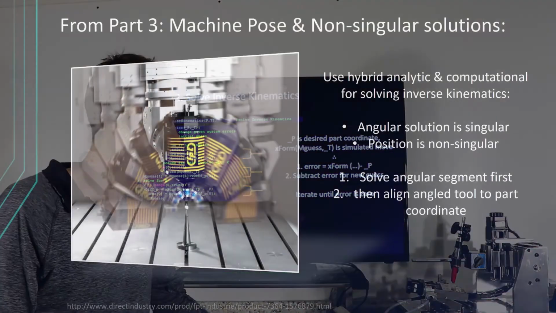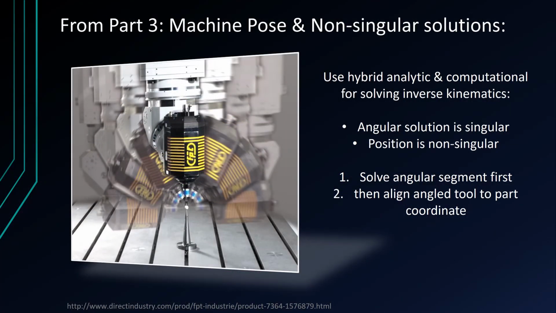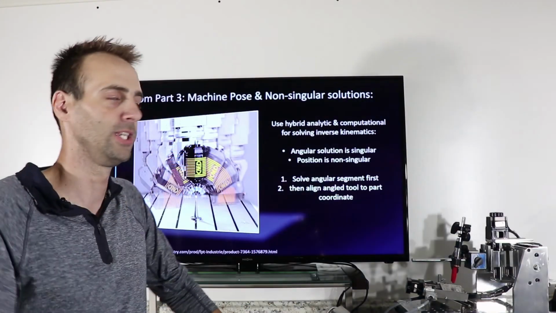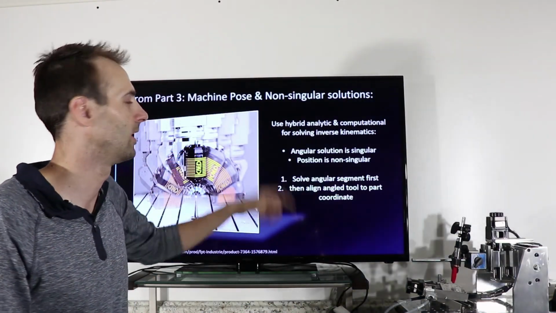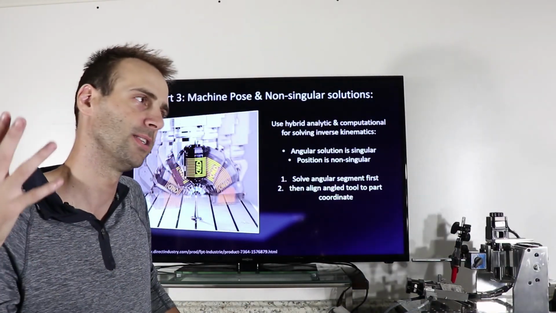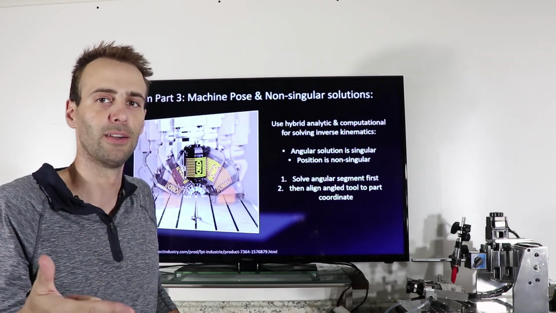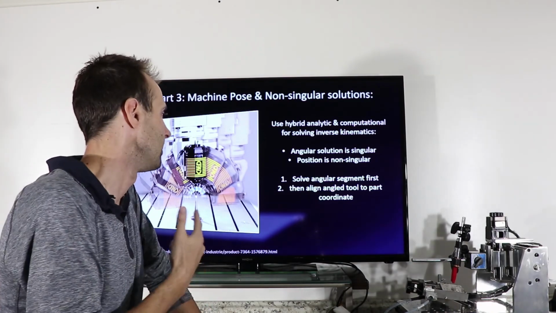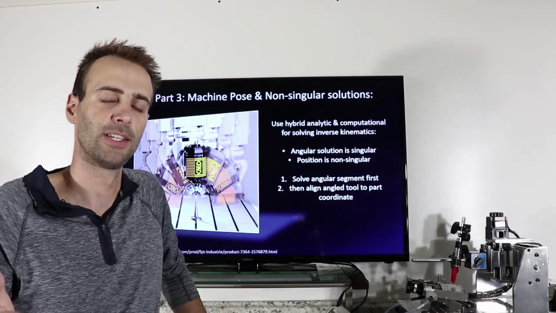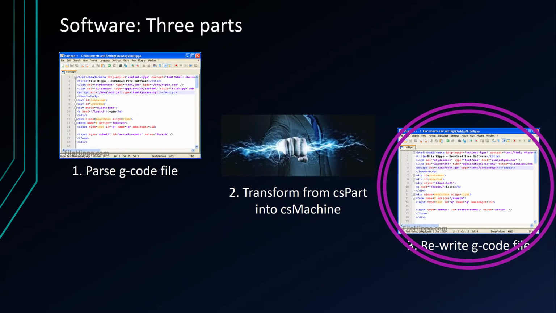That's it. Remember, though, if your machine's not Cartesian, you have to think about singularities, and also for machines with redundant axes and rotation axes, any solution is not necessarily the best solution.